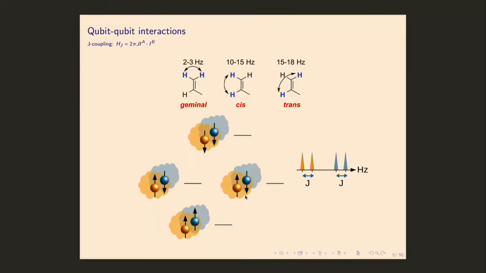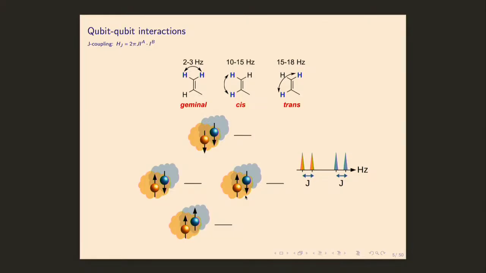The nucleus of this hydrogen interacts with the nucleus of this hydrogen through that bond. That coupling constant can vary from molecule to molecule, and that is also a fingerprint of the molecule. All these are very important for chemists and biologists.